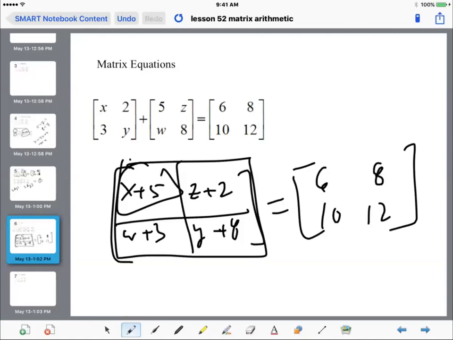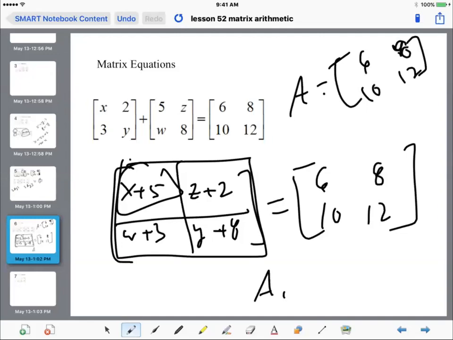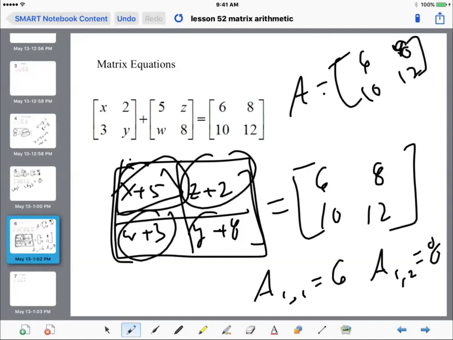If you call the matrix A, which is 6, 10, 8, 12, you could call the individual elements A with a little 1, comma 1, that means row 1, column 1, equals 6, and A 1, comma 2, that's row 1, column 2. You could identify the different elements of the matrix. But just to mention, this is 2 by 2, even though you could have a complicated expression as the element in the matrix.